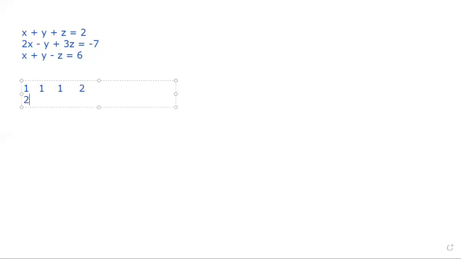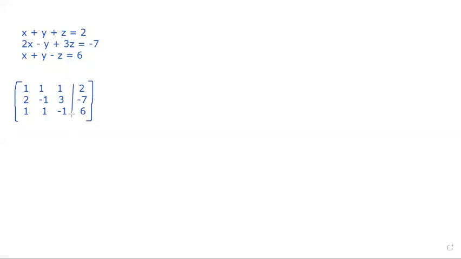Now, with the augmented matrix, what we're going to do is use our coefficients and write our matrix out with the coefficients and what's called the solution vector, as we can see it. All right. So now we have this matrix, and we'll see what we do with it.